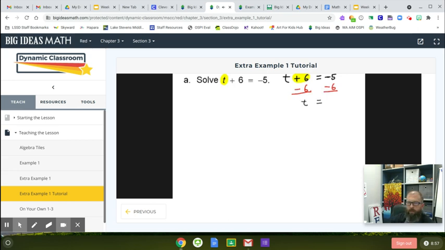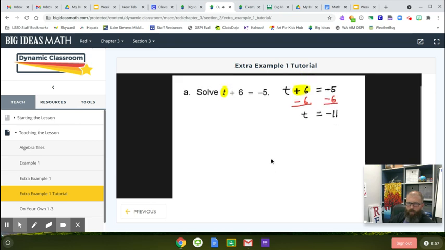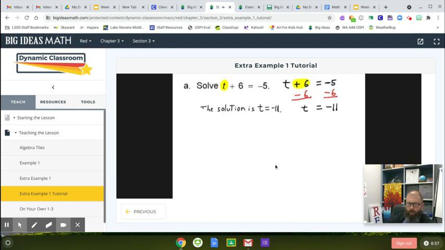And when we subtract 6 from the right side, negative 5 minus 6 is the same as negative 5 plus negative 6, and the answer is negative 11. That value of t is the value that makes the equation true. So we say the solution is t equals negative 11.